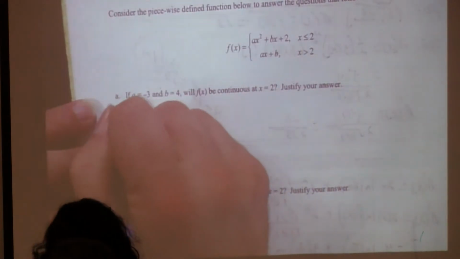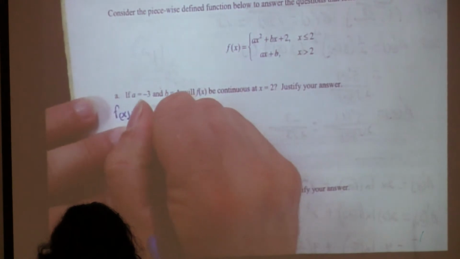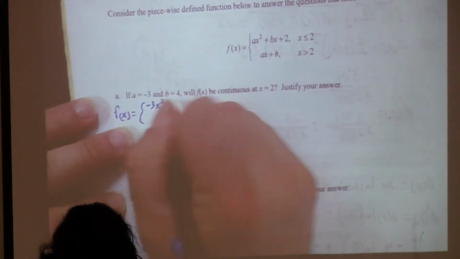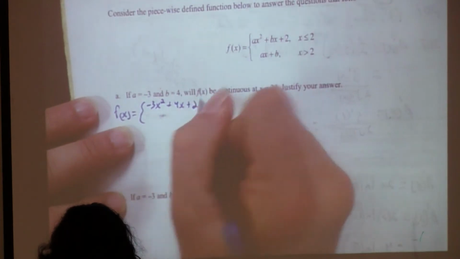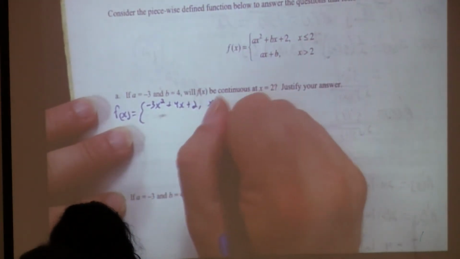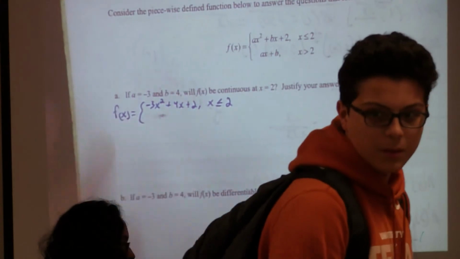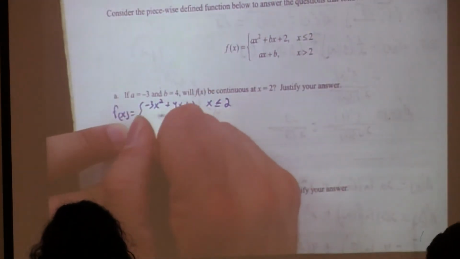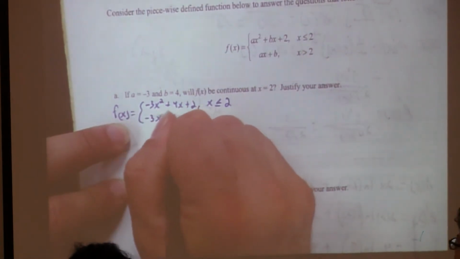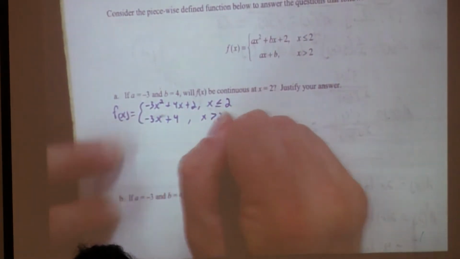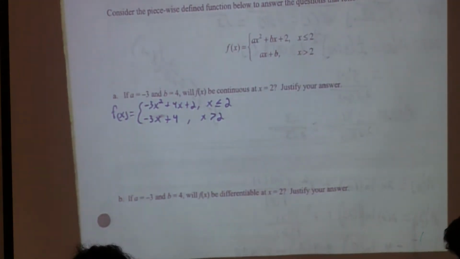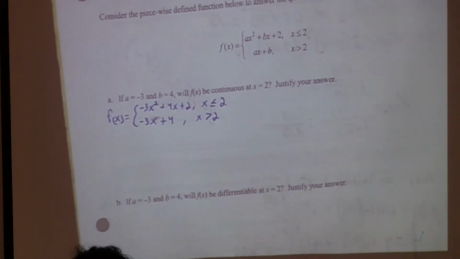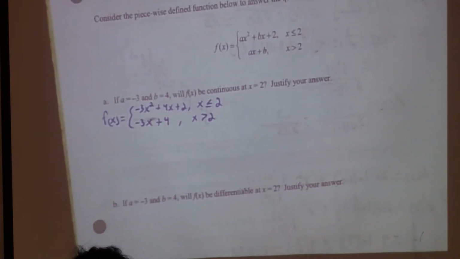So f of x is now -3x squared plus 4x plus 2 when x is less than or equal to 2, and -3x plus 4 when x is more than 2. Now we have the exact equation to prove it's continuous at 2, specifically when A and B are those numbers.